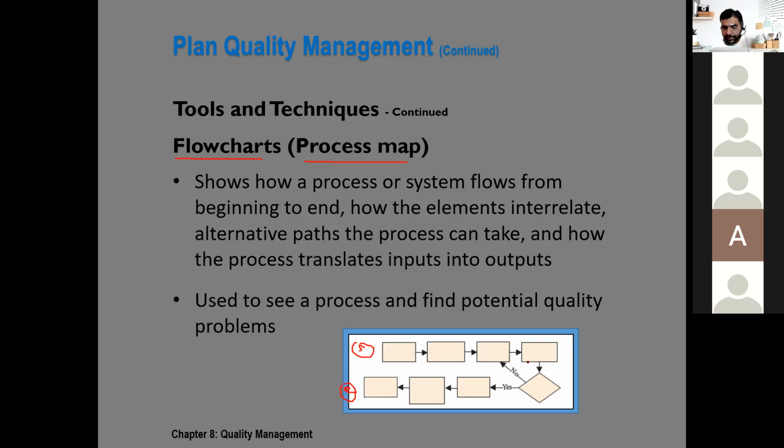This type of flowchart can help us identify the quality requirements on each step, and when there is a transition from one point to the other. It helps identify not only quality requirements, but also quality problems on all different steps and interfaces.